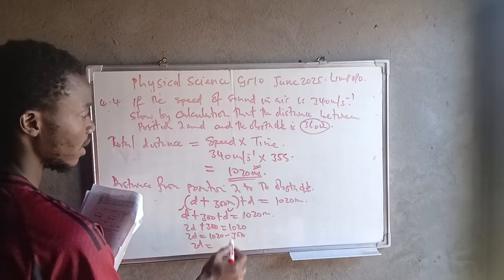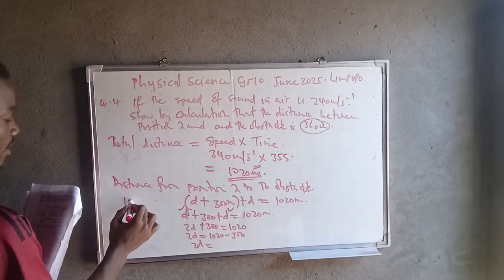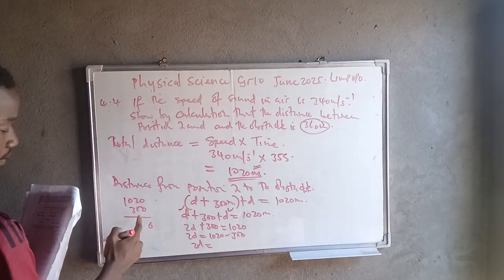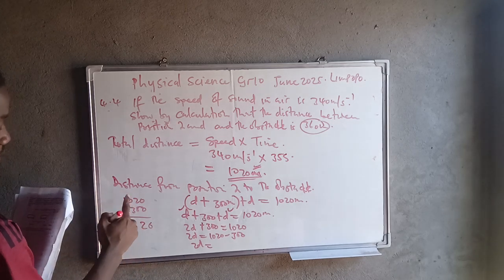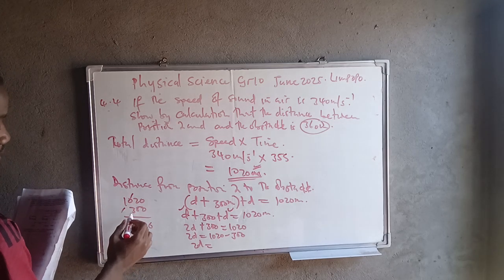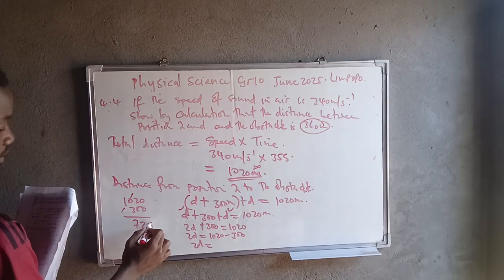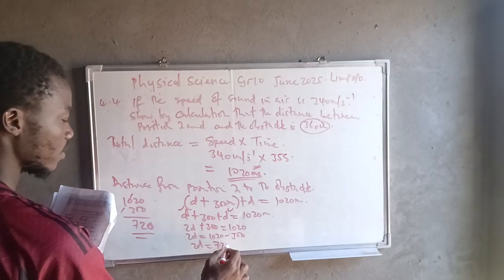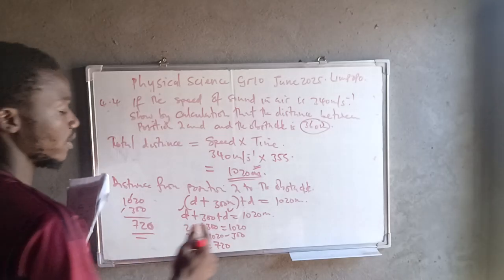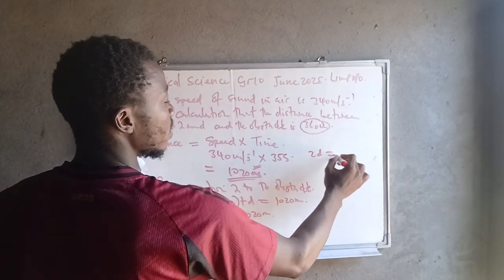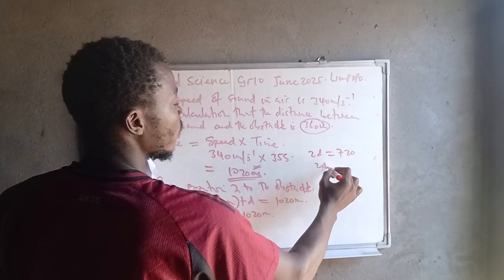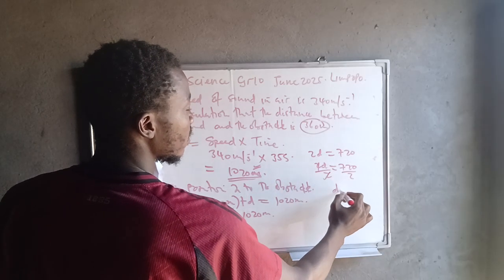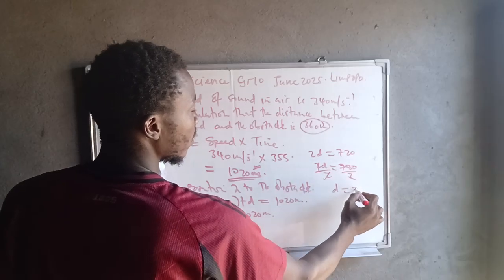So now let's subtract those two. 2D equals 720. Therefore we divide both sides by 2. That means D equals 360.